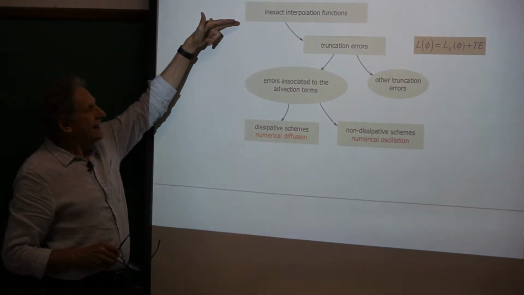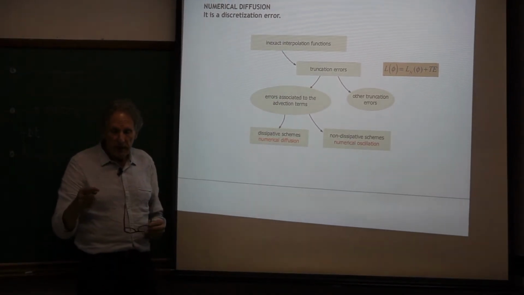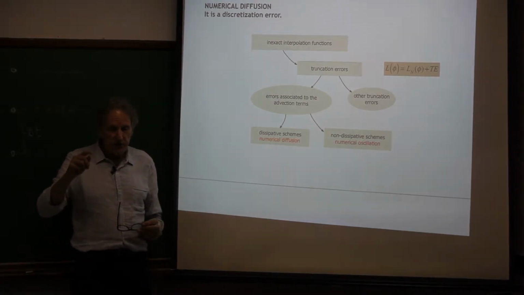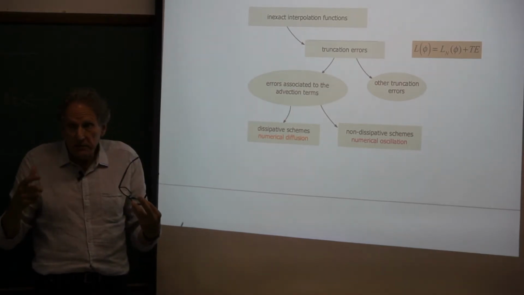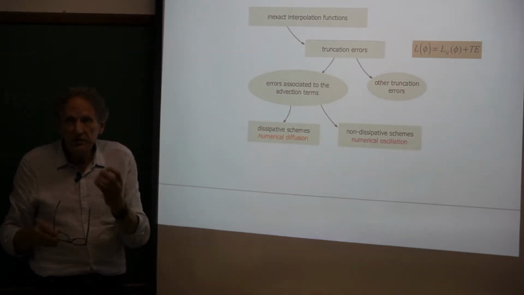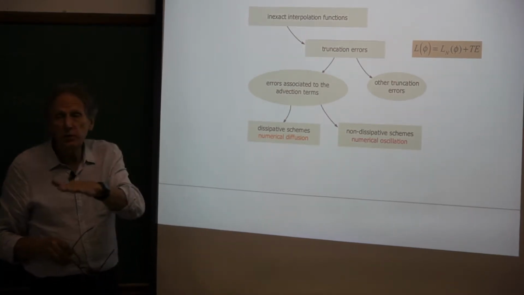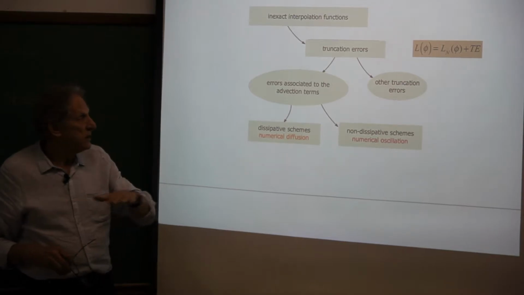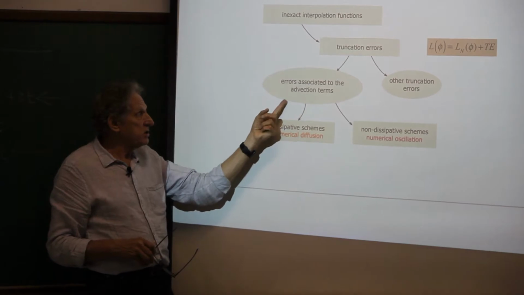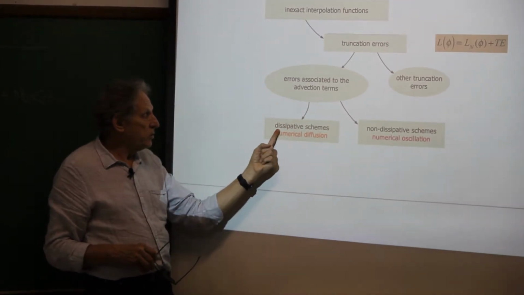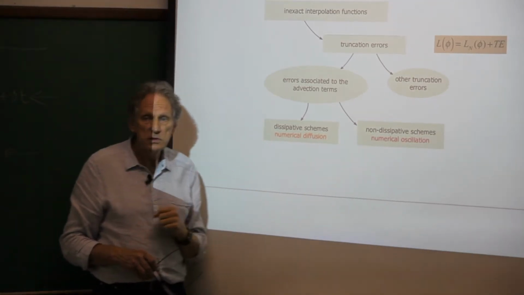If you have inexact interpolation functions, so we are using an interpolation function, let's say for a 3D problem, using 1D interpolation functions for each direction, this is a non-exact, inexact interpolation function. This will give you truncation errors. Those truncation errors, working in the advection terms, can give you numerical diffusion or numerical oscillations.